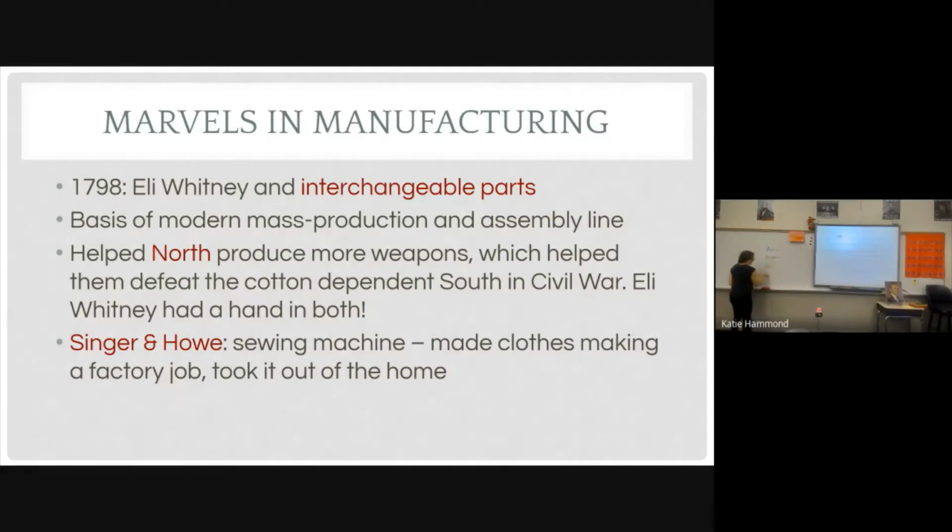And then what's the impact, right? So we already know about the cotton gin. And then what was the other thing Eli Whitney did? Interchangeable parts for the what? Musket.